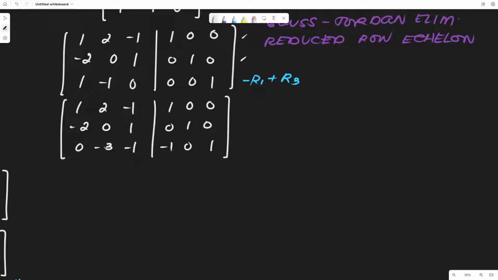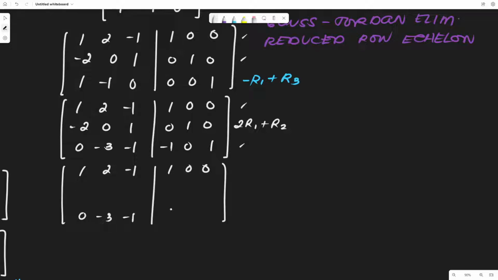Ayan. So next is our negative 2. So we have 2R1 plus R2, because our negative 2 here is negative. The others stay as is. So we have here 1, 2, negative 1, 1, 0, 0. Then 0, negative 3, negative 1, negative 1, 0, 1.